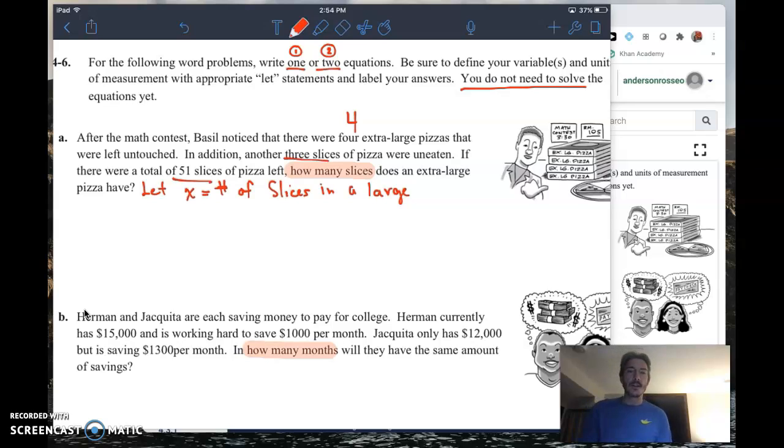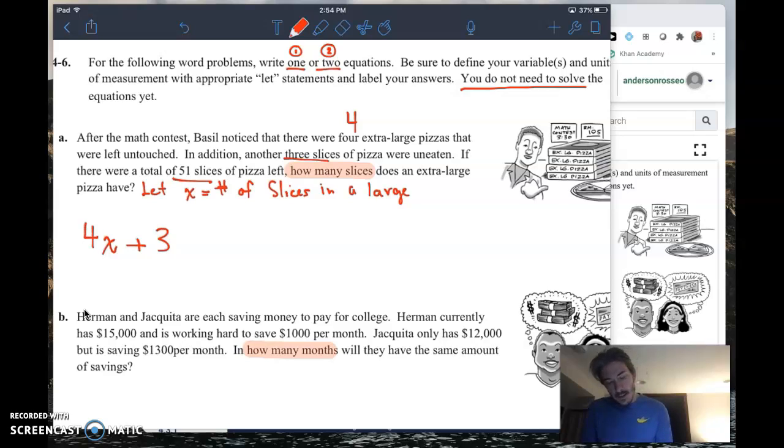So in order to figure out the number of slices in 4 larges, I'll take 4 and multiply it by x. And then I can add 3 more slices, right? Because we've got another 3. So we'll add those to our total. Presumably those came from a 5th pizza, or maybe 3 additional pizzas where people only ate part of them.